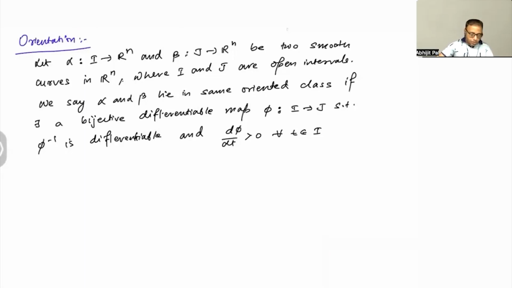So let us take alpha to be a smooth curve.